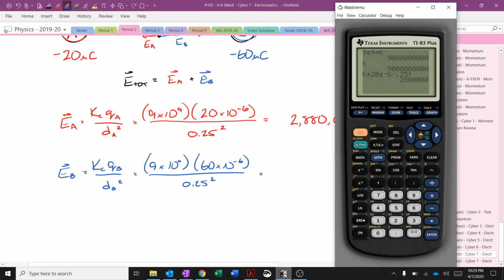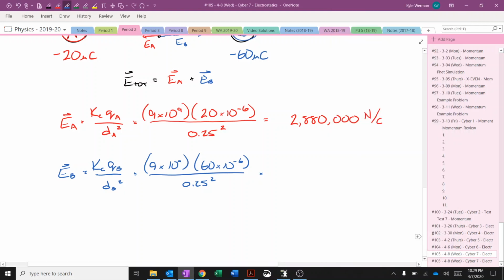And when you plug that into your calculator, again, the only thing that's changing is the charge. So I can do second enter to reload that equation. I'm just going to change this to 60. And I hope you'd recognize it should triple the number. And I get 8,640,000 newtons per coulomb. So those are the magnitudes.